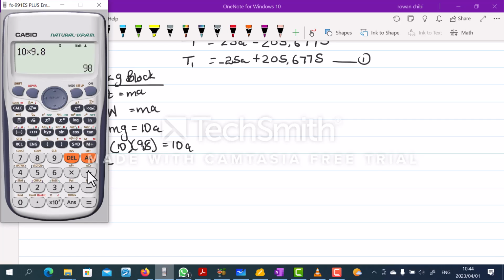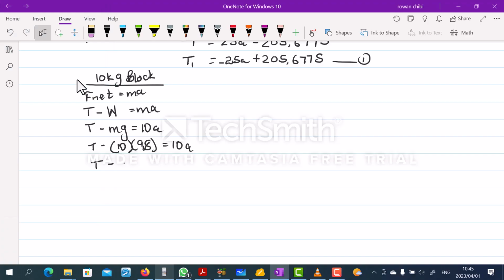Let's confirm. Oh, sorry, it's 98, not 980. Yeah, it's 98, which is equal to 10a. So let's take now that 98 to the right. So we have 10a plus 98. So we're going to make that equation number 2. So this is our second tension, T2 or T10.